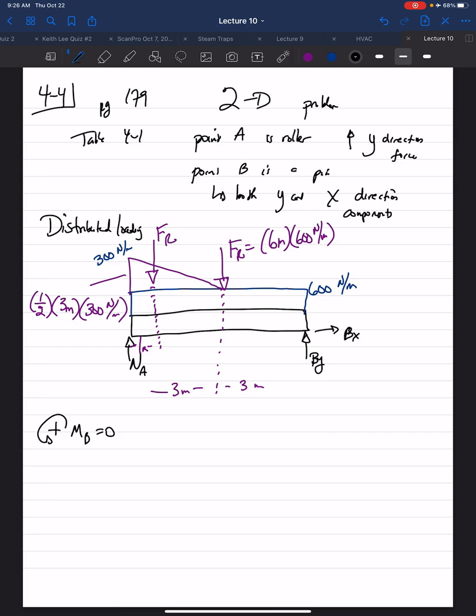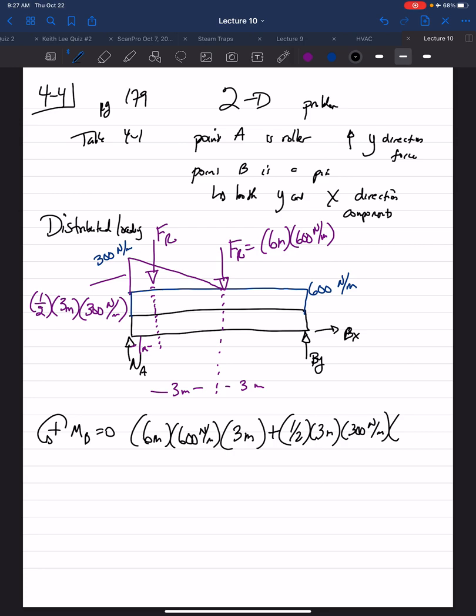Okay, so with that being said, we have the resultant force from the rectangular loading. So that's the 6 meters times 600 newtons per meter. It's counterclockwise about point B, so it's positive. The perpendicular distance is 3 meters, plus the resultant force from the triangular loading. Once again, this is counterclockwise rotation, so positive.